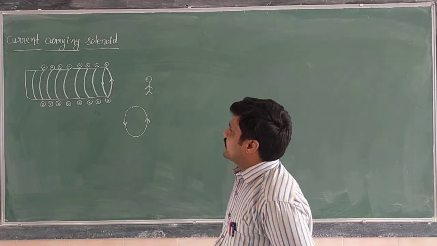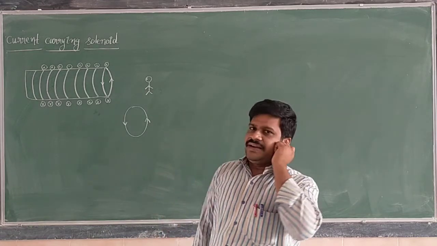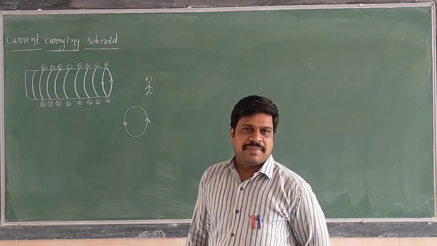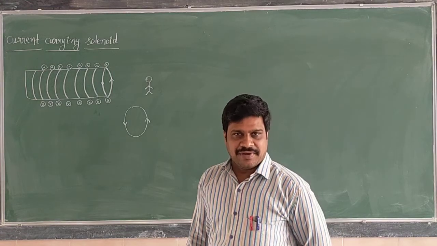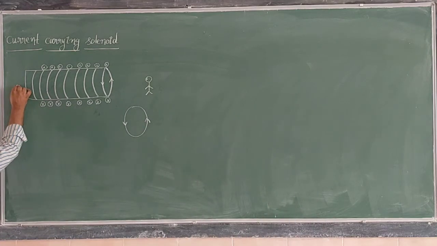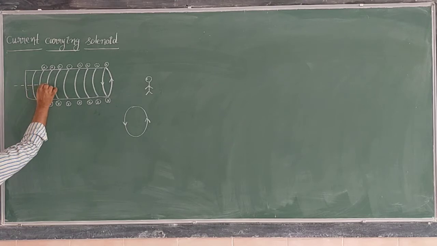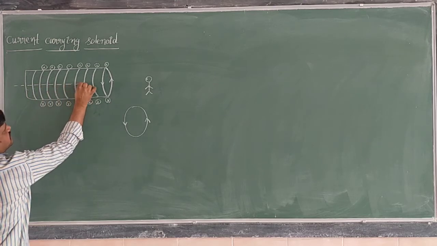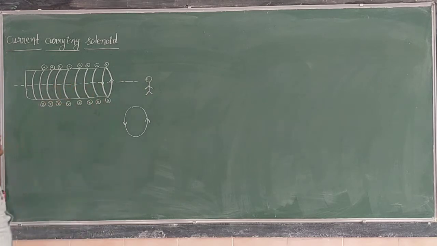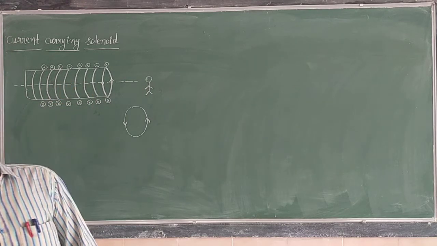Whenever there is a flow of current in a coil, a magnetic field exists around that coil. Now you are observing this is the axis of the solenoid. Then, sir, what is the direction of the magnetic field?